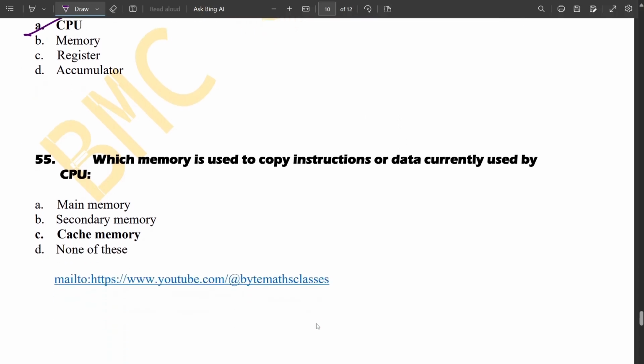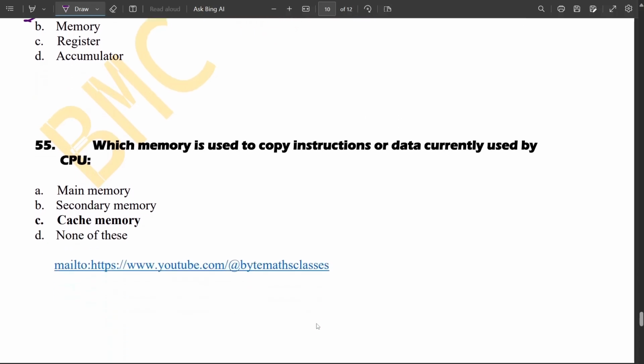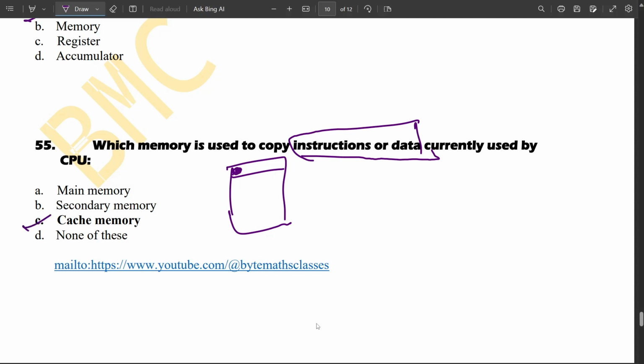Next, which memory is used to copy instruction or data currently used by the CPU? When we are processing something, the instruction of that data is loaded into cache memory. You know, this is our memory hierarchy, here is your CPU memory, this is your cache memory, and this is your main memory.